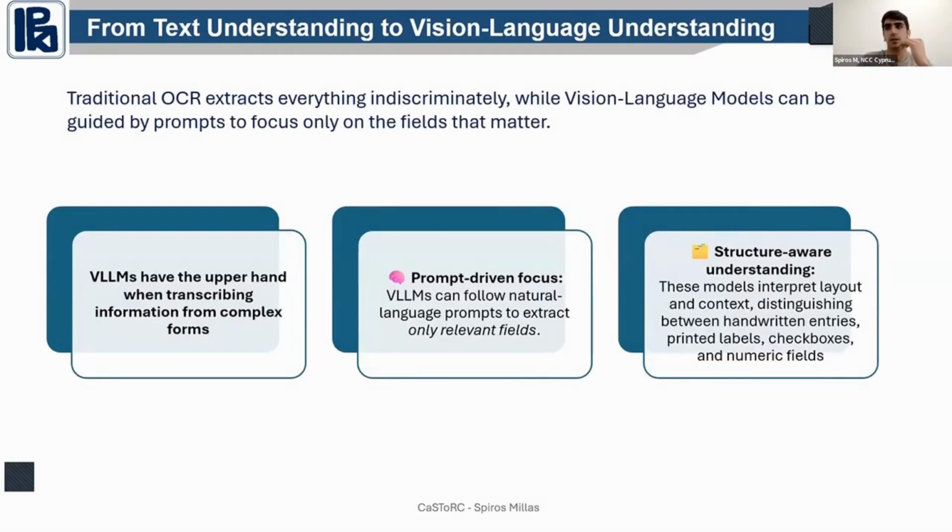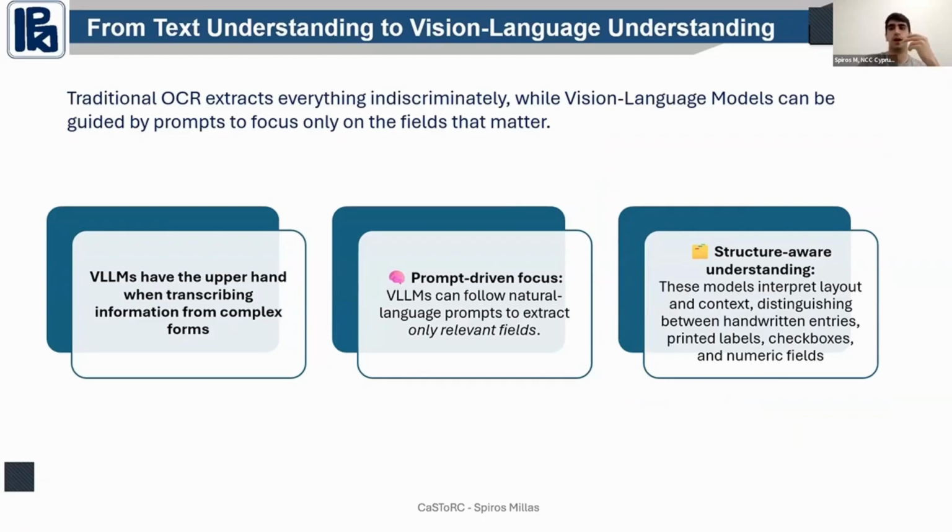So we see that these multimodal LLMs are very good at OCR, but we can see how they can also handle information differently. Unlike traditional OCR, which tries to read everything on the page, you can be selective with these models because they can understand the layout and the language, and you can also guide them with prompts.